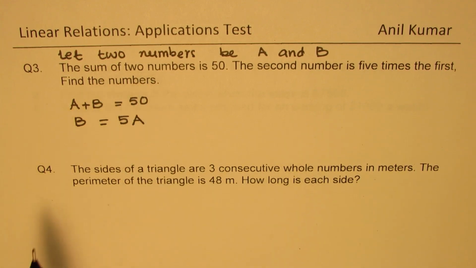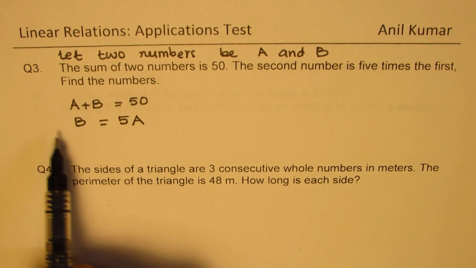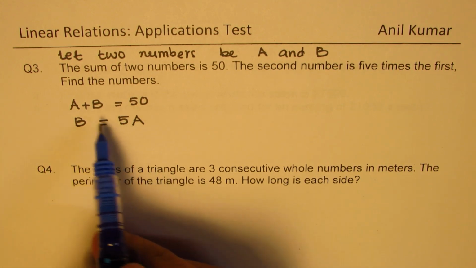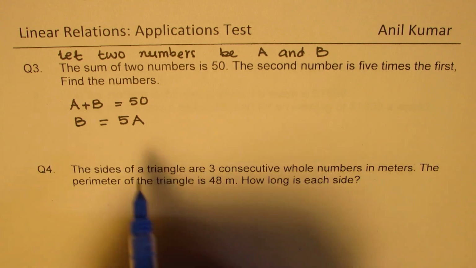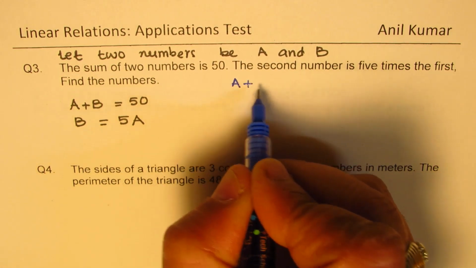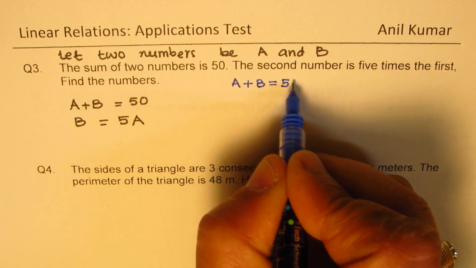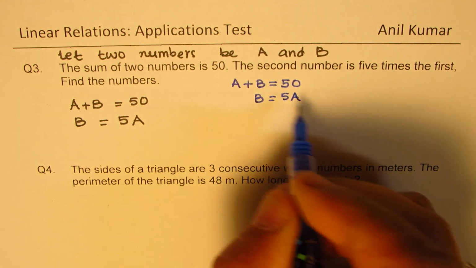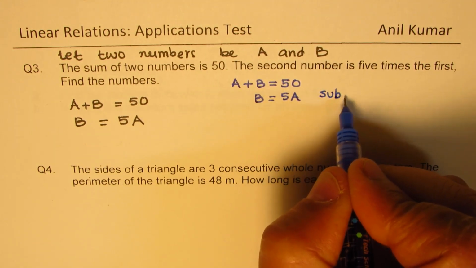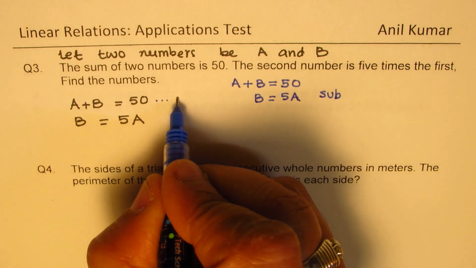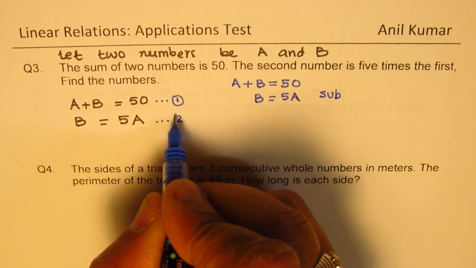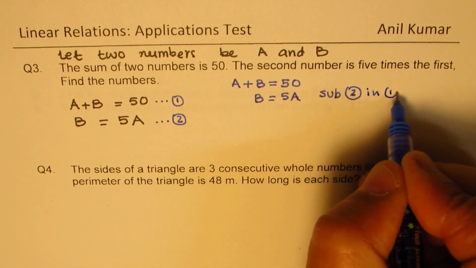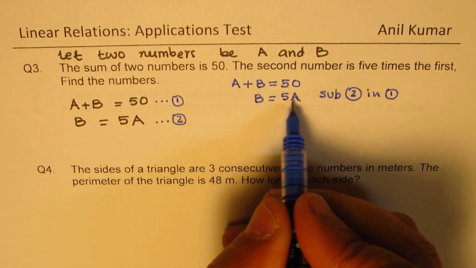Find the numbers. When you get this kind of set of equations, we may have to substitute one into the other. So what we have here is A plus B equals 50, and we also know that B is equal to 5 times A. Let's call this equation number 1 and this equation number 2. We'll substitute equation 2 in 1. That means we'll replace this B by 5A.